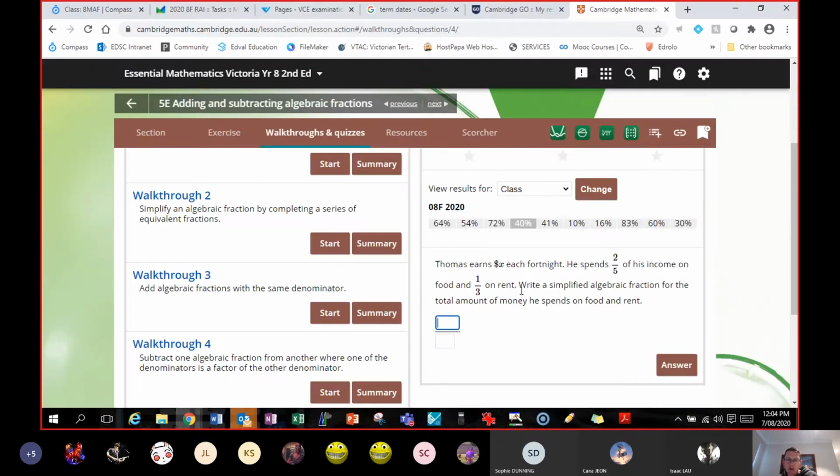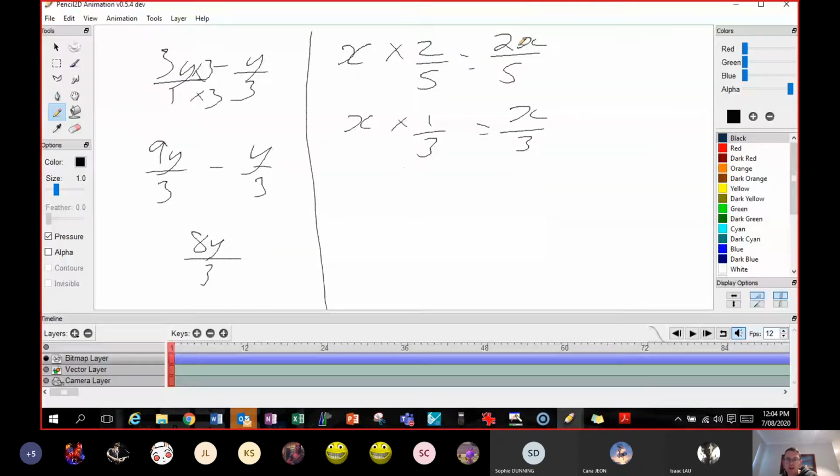Then when it says write a simplified algebraic fraction for the total amount of money he spends on food and rent, this is the total amount of money he spends on food, and that's the total amount of money he spends on rent. So now I need to add these two together. There's a few steps on this one, which gets quite tricky. Now I've just got to get the lowest common denominator, which would be 15.